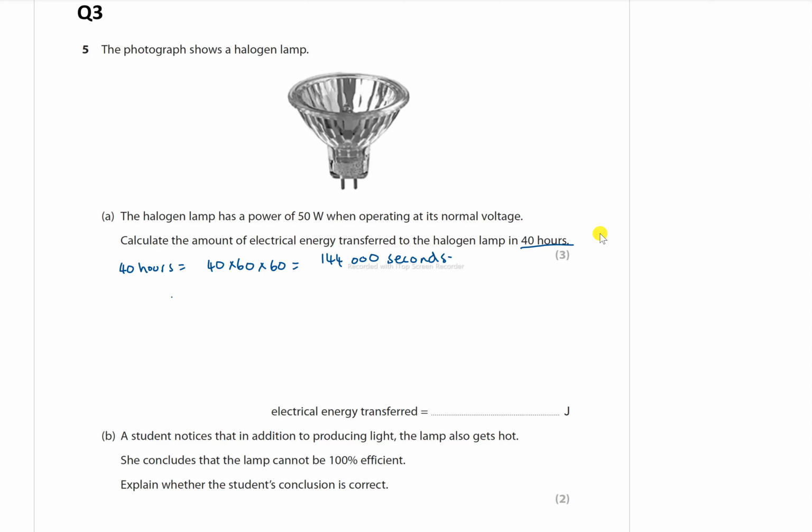We know the formula for energy is power times time. So power is 50 watts times 144,000. If you put that into your calculator, we get 7.2 million, 7,200,000 joules.